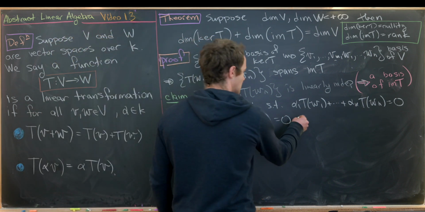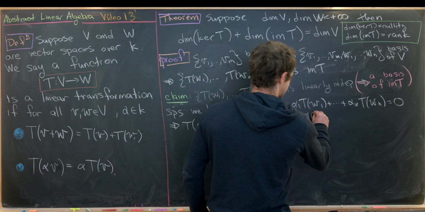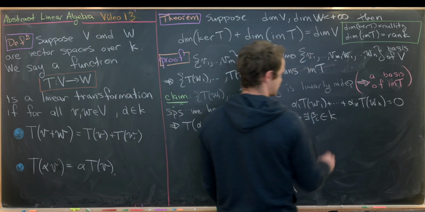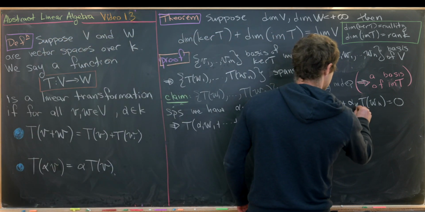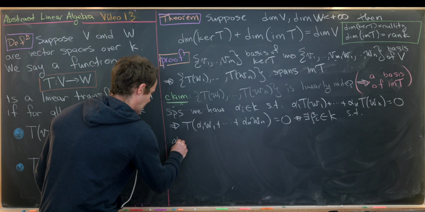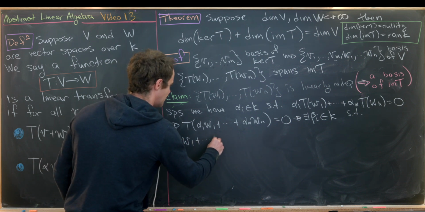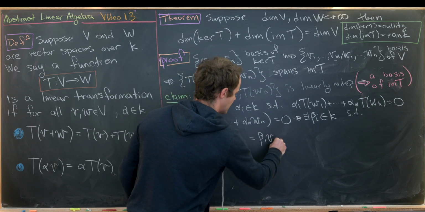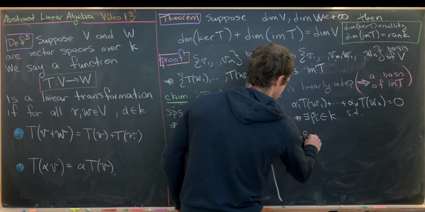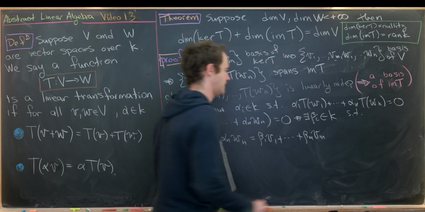Okay, so that means that there exist, I'll call them beta i, which are constants, or scalars, in K, such that we have alpha 1 w1 plus up to alpha n wn equals beta 1 v1 plus up to beta m vm. Great.